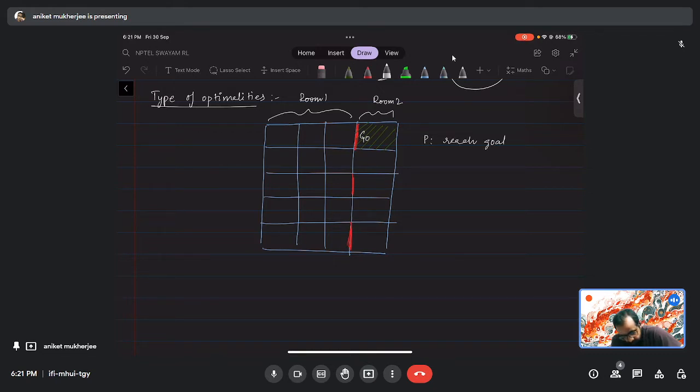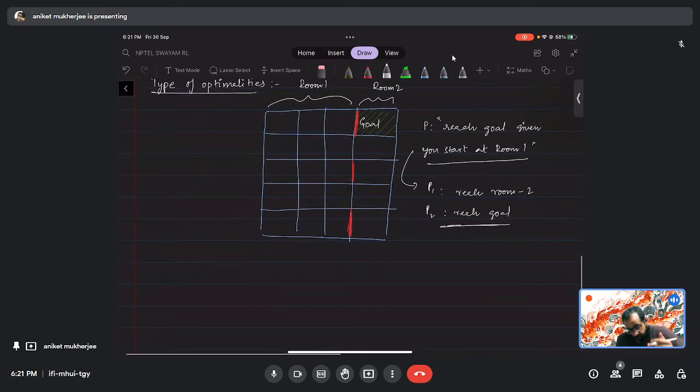So this is your goal, given you start at room 1. This could be divided into subproblem 1 and subproblem 2: reach room 2 and then reach goal.